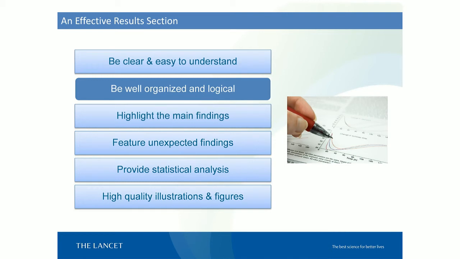So the logical order is more important than the chronology of how you necessarily undertook your investigation or your experiments. You may want to highlight findings that further the understanding of your field. Although, as I say, don't be tempted to hide data which you think is of lesser importance.